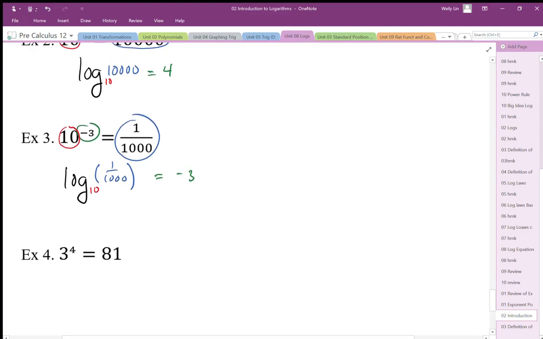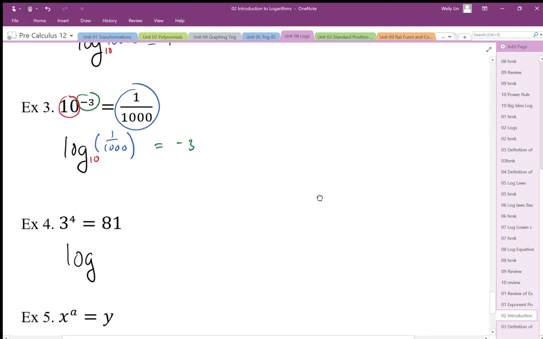Looking at this one here, same thing. Log. Now we're not doing base 10. A lot of your calculators don't have a base 3, so this one may not be able to be done on your calculator. The base is 3.